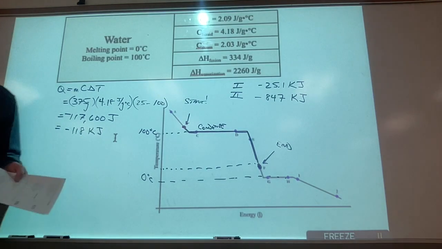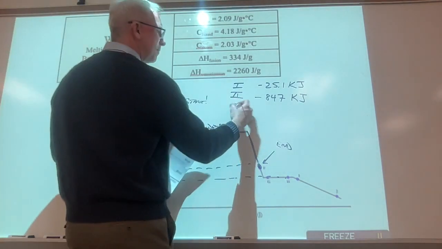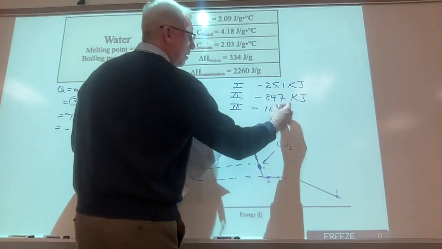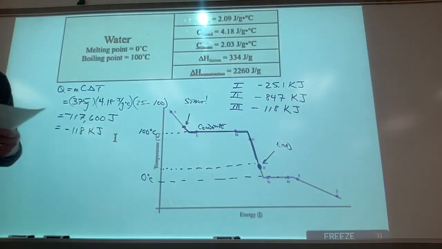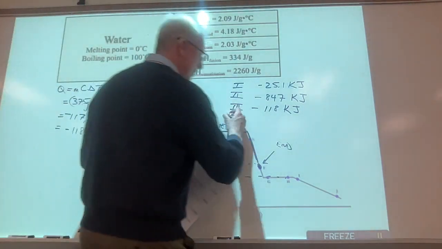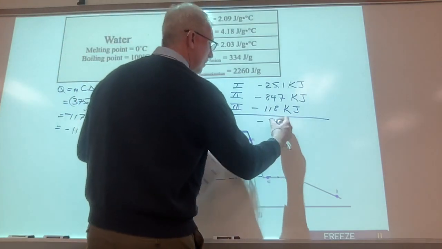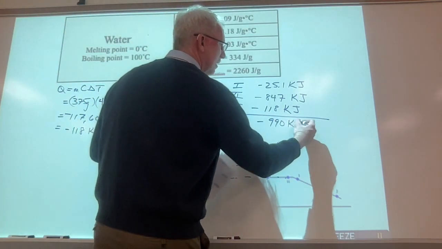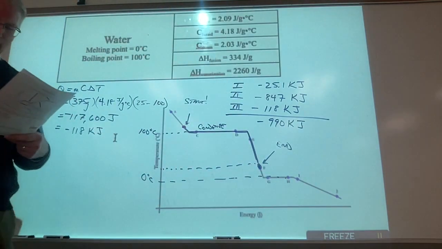Okay, that was our third step, but to get our total heat, we need to bring it over here and say the third step was negative 118. And if you add all these together to get the total process, you're going to get negative 990 kilojoules. And that is the answer for that thing.